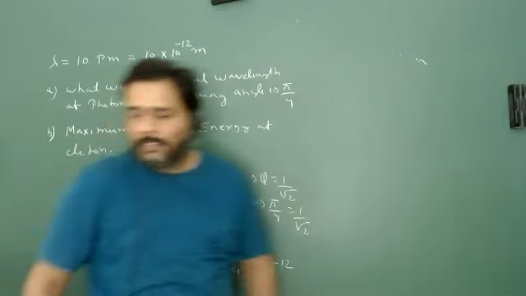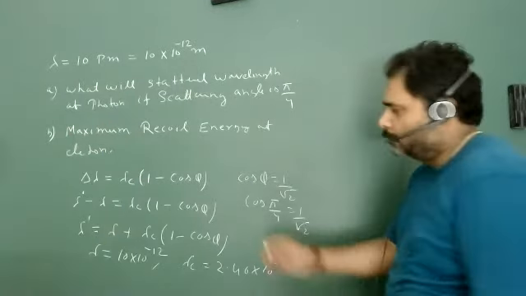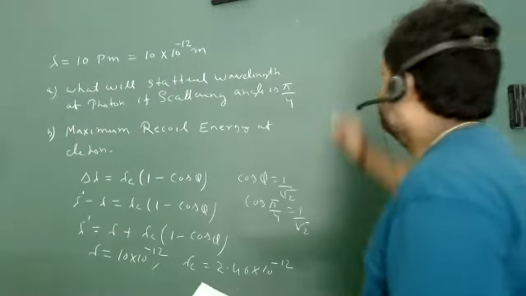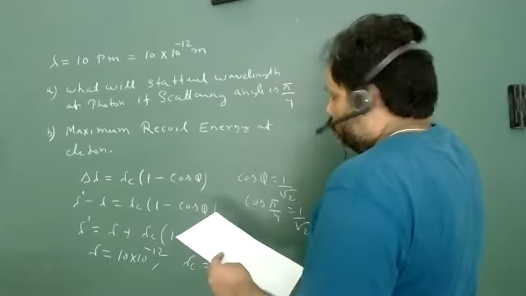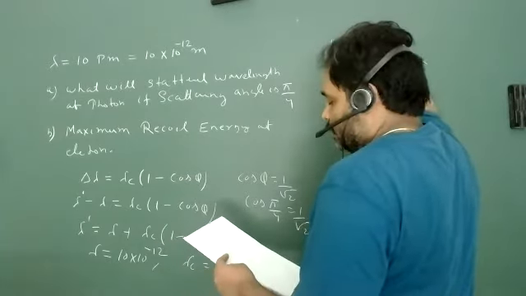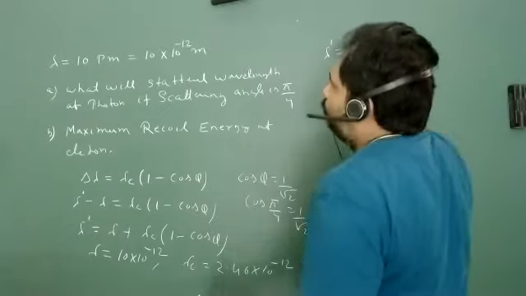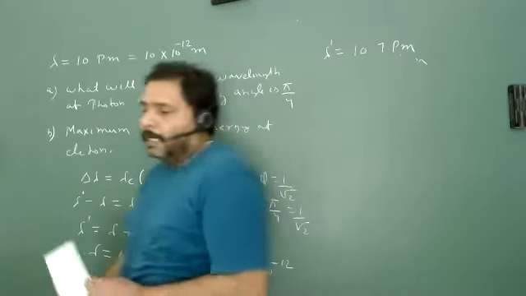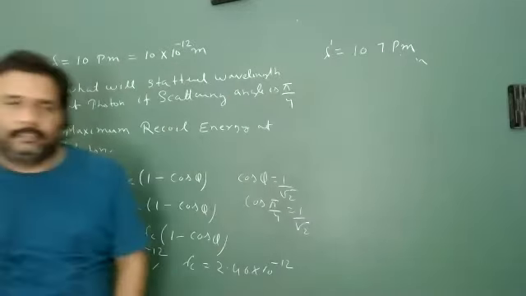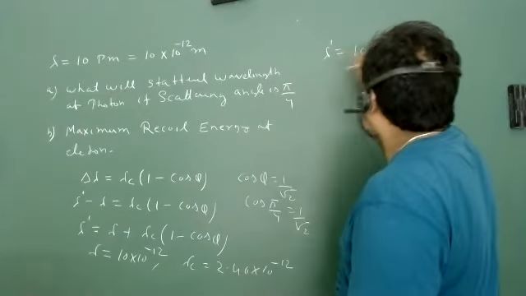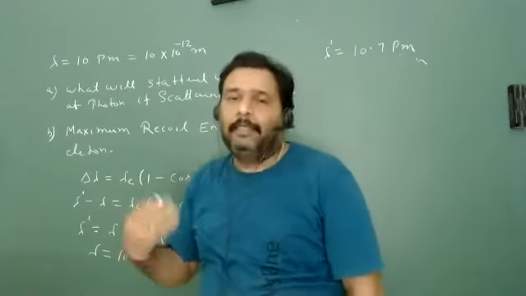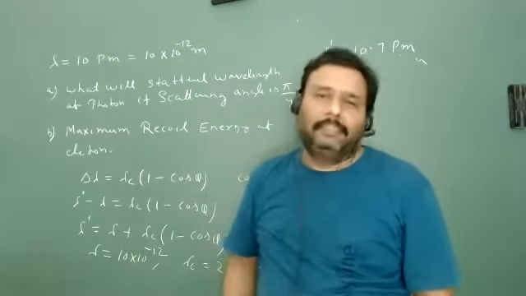You can just put all this in. I am leaving the calculation to you, and I think this answer will come to 10.7 picometer. How do you know that this answer is correct? Obviously, lambda dash will be greater than lambda, and it should be in the same range.